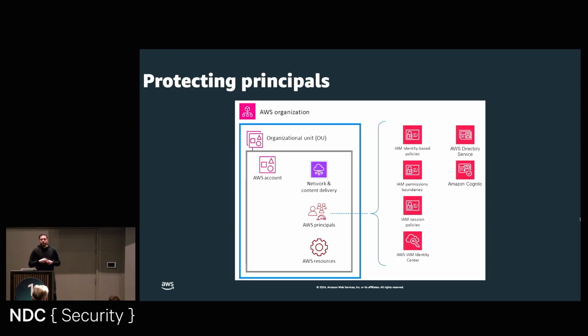Moving down to the principles layer, as I mentioned, the principal is a fundamental element of identity and access management, and it simply can be represented in the form of an AWS IAM user, group or role, or any basic thing like that. And you need to restrict down the access, starting off with the IAM policies themselves that would be associated with any of these principals.